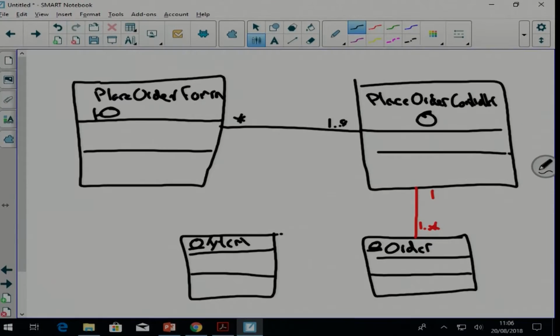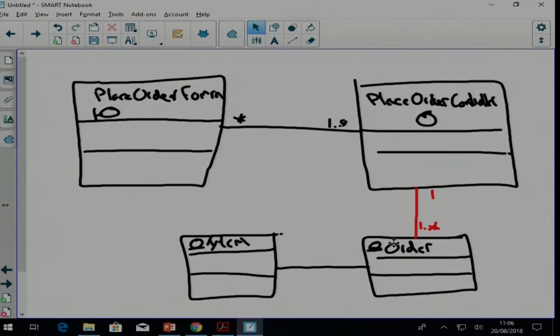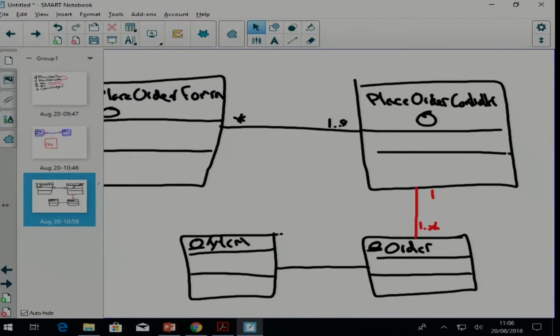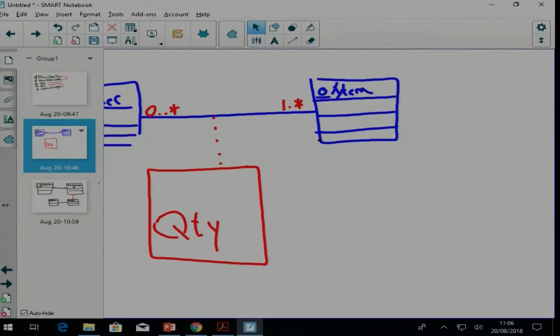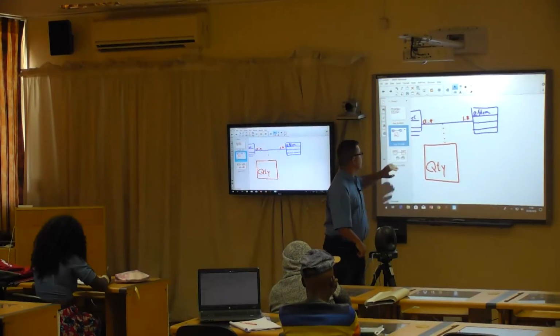So, if we now had to add our item in here, what are we seeing? We know that there is a relationship from the previous work between the item and the order. And from that, we said the order has 1 to many items and the item 0 to many.